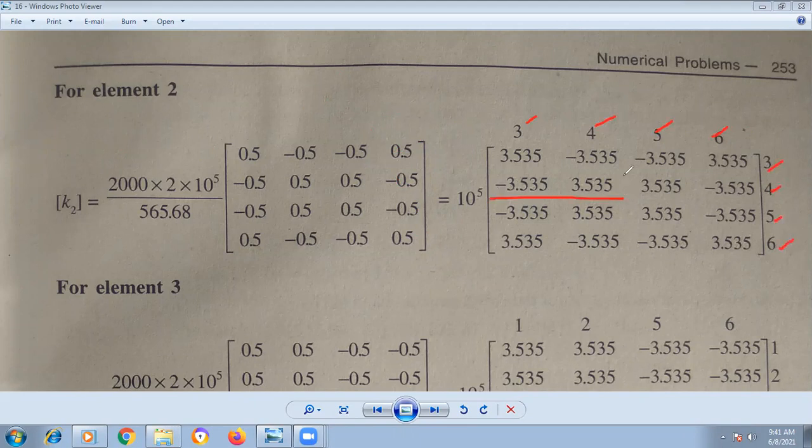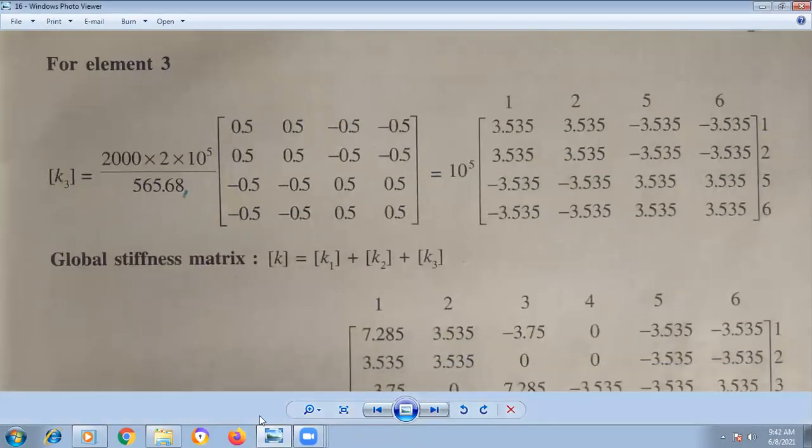So while adding our global stiffness matrix, K33, K34, K43 and K44 of the first matrix, element 1, K1, will get added with the K2 of the second matrix, right? Third element stiffness matrix will be A2 we know, A3 we know it is 2000 given, Young's modulus is given.